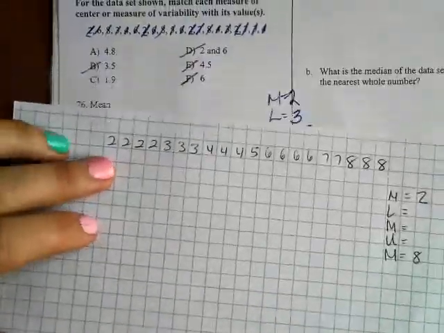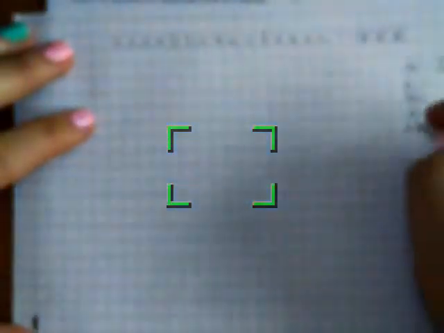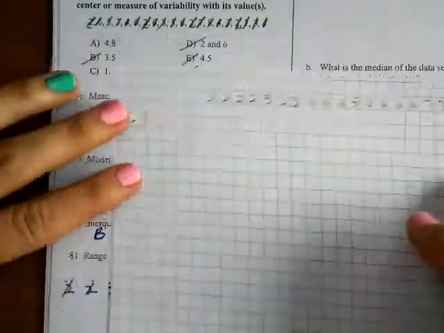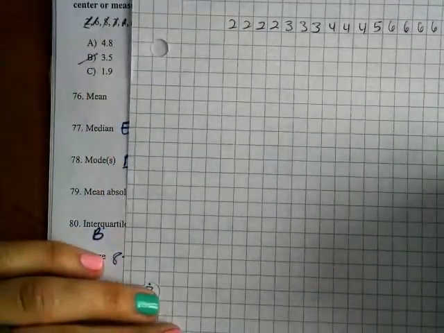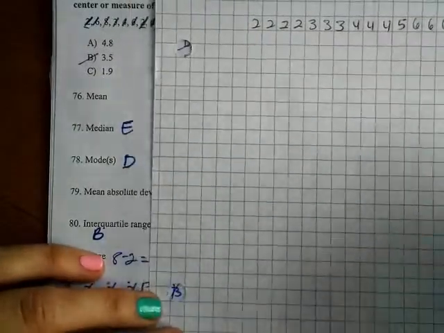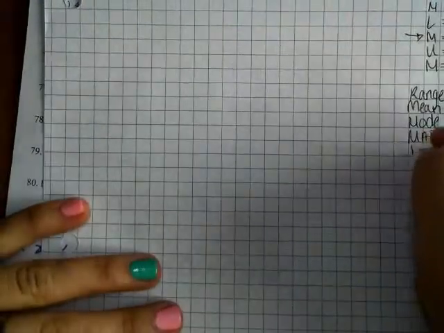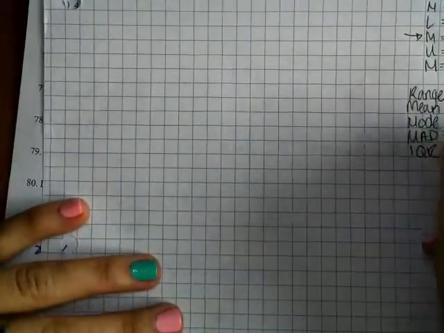Maximum is 8. Okay, so we have to find the range, the median, the mean. What else are they asking for? The mode, the MAD, and the interquartile range. That is what IQR stands for.